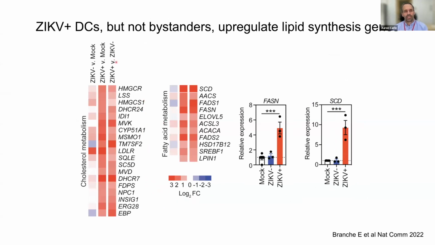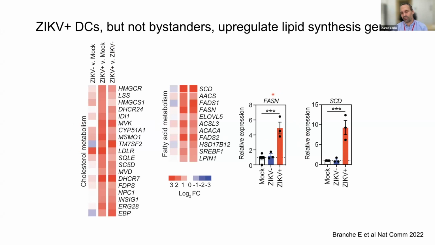If we look a little bit deeper at Zika virus negative versus Zika virus positive, the infected cells versus the bystanders, this upregulation is only occurring in the infected cells. That's true for both cholesterol metabolism genes and fatty acid metabolism genes, and you can see a few of them here.